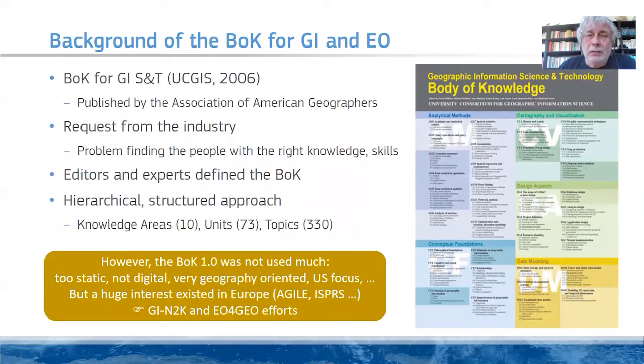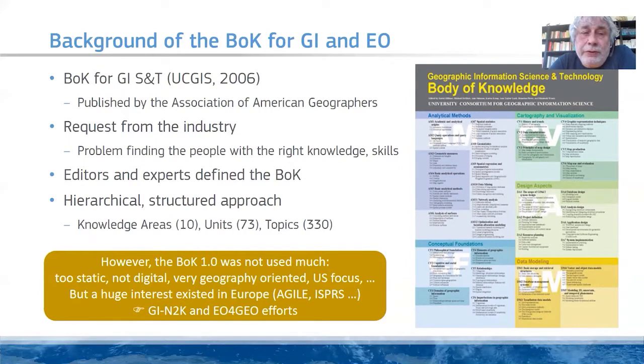Now some background information on how we came up with a BoK for GI and Earth observation. That goes in fact back to more than 10 years ago, when a first BoK on GI science and technology, with very few developments on remote sensing, was established and developed in the US by UCGIS, and it was published as a book by the Association of American Geographers.